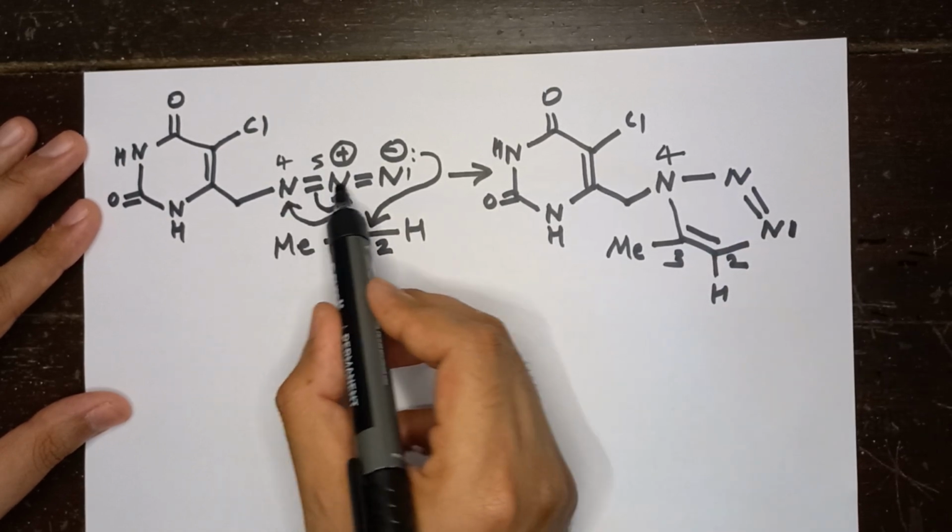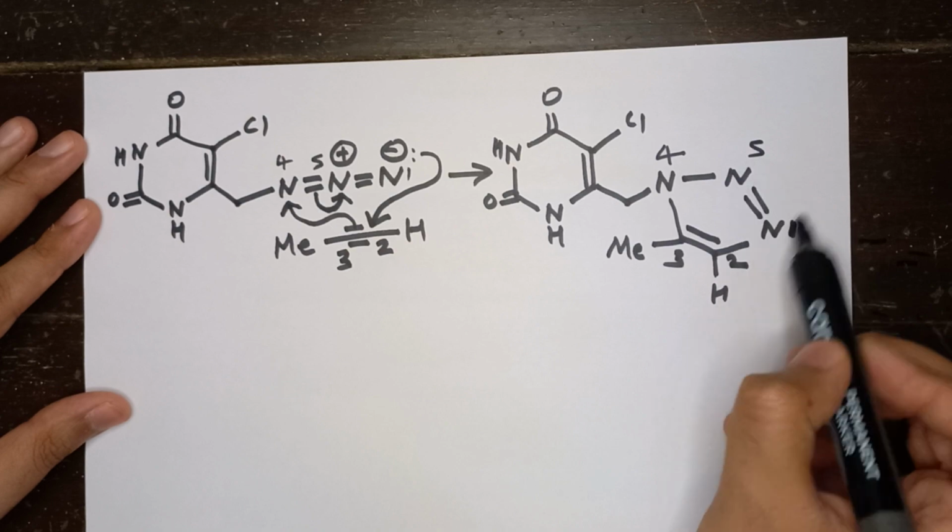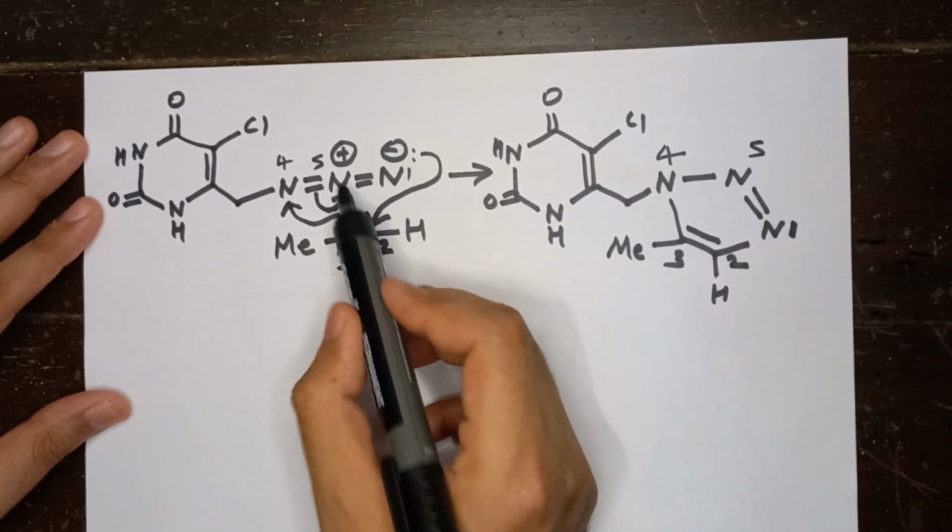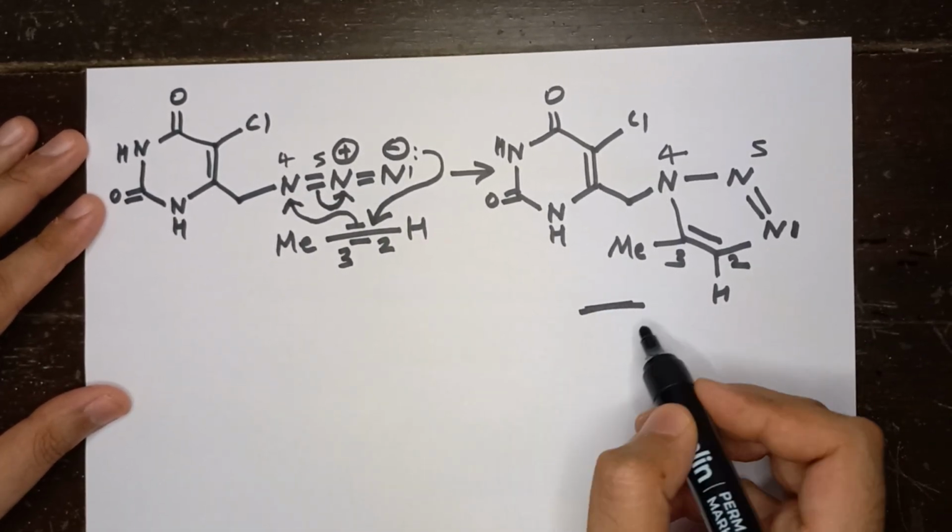Nitrogen number 4 singly bonded to nitrogen number 5, and this nitrogen number 5 is doubly bonded to nitrogen number 1. So this is the another product possible.